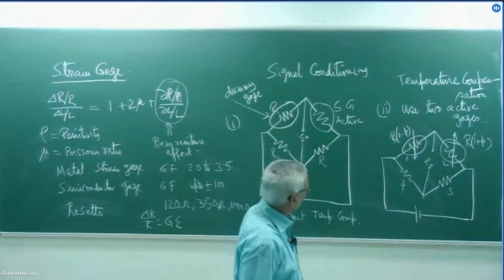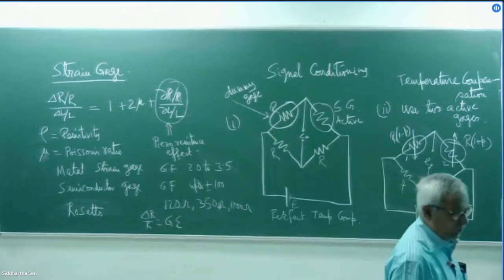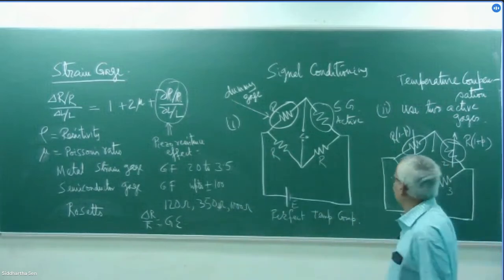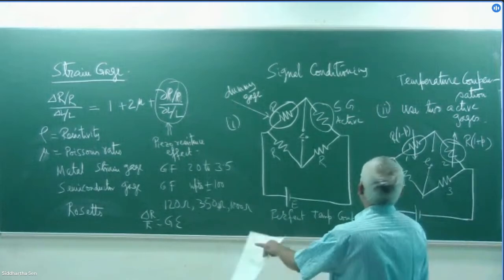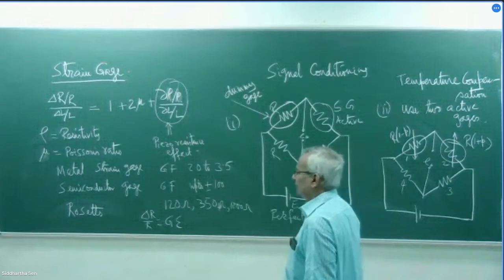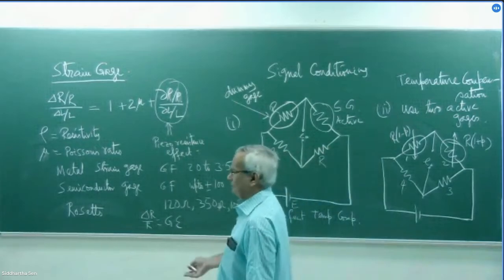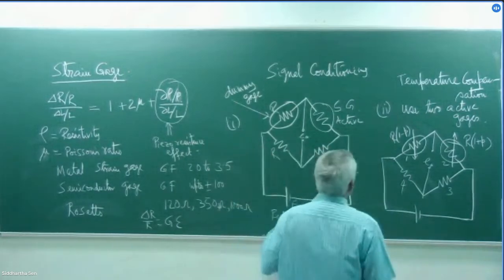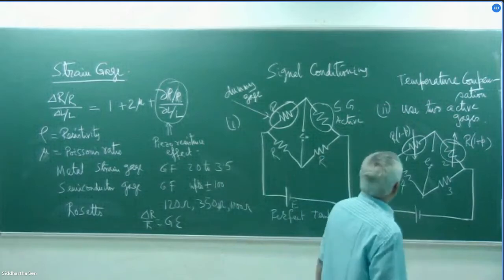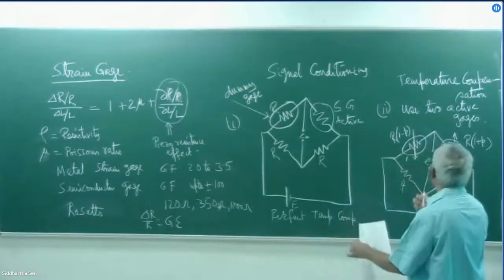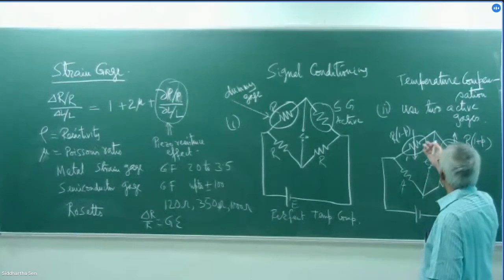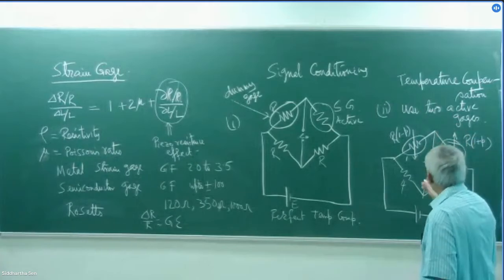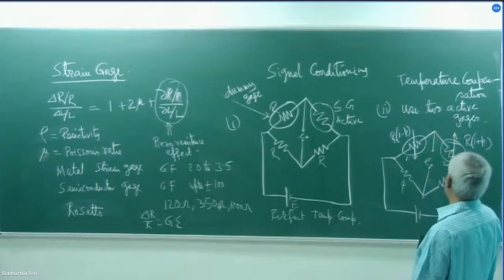But if one is experiencing a positive strain, the other active gauge is experiencing a negative strain, identical for the time being, I am assuming. So when no strain is applied but the temperature increases, the resistance of both will increase by the same amount, but the bridge will remain balanced.